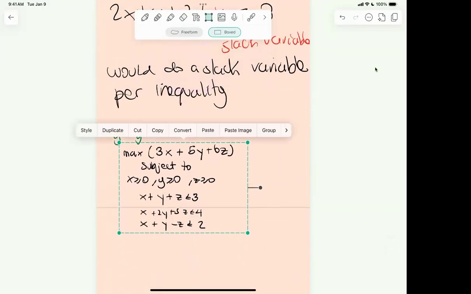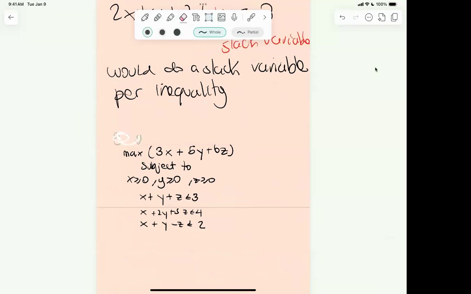The first thing here is you do need to convert this first to better notation, because there are three inequalities, so three extra variables are needed.